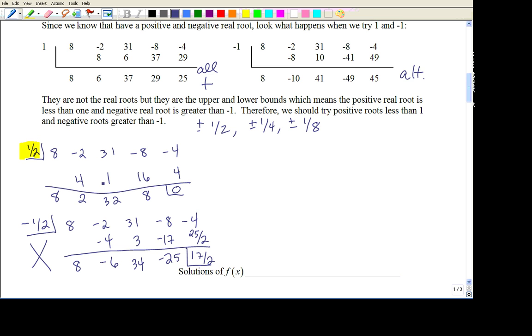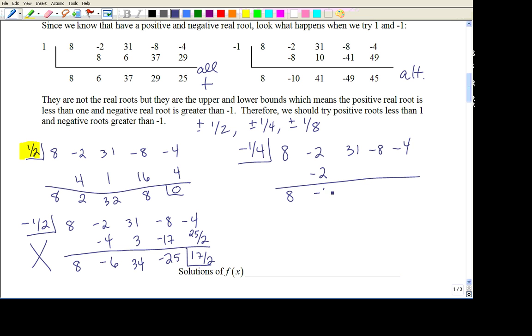Let's try negative 1/4. So we have 8, negative 2, 31, negative 8, negative 4 again. Let's bring down the 8. 8 times negative 1/4 is negative 2.